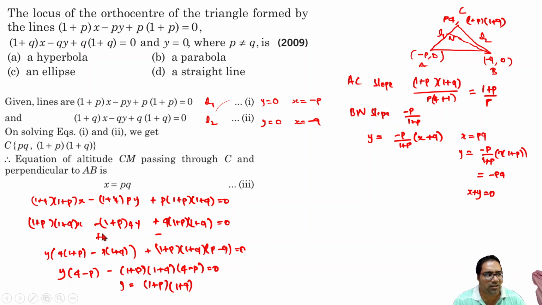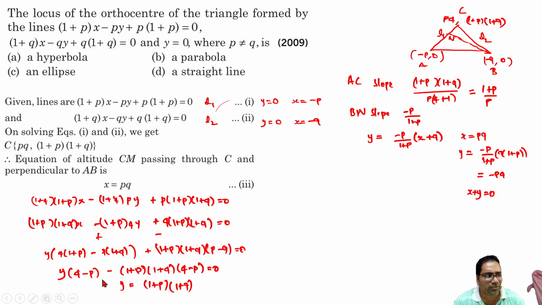We'll be left with [(1 plus p)q minus (1 plus q)p] y, that is this one, plus (1 plus p)(1 plus q)(p minus q), because (1 plus p)(1 plus q) is common. That is this one. So what does that mean? Here, this pq and this pq will get cancelled.